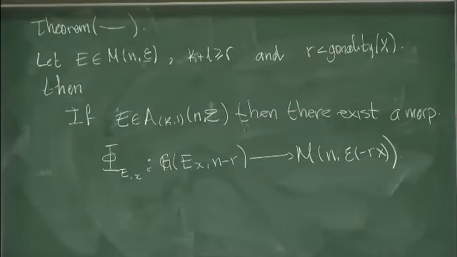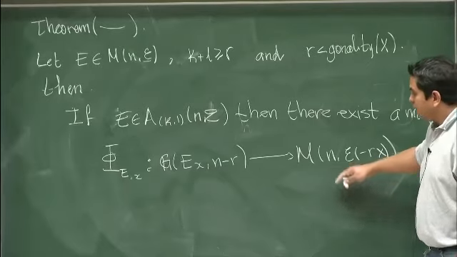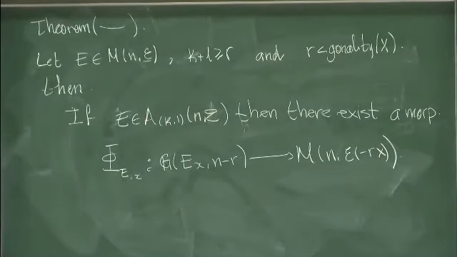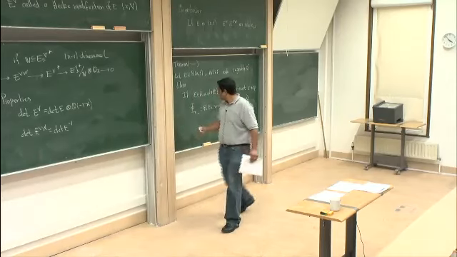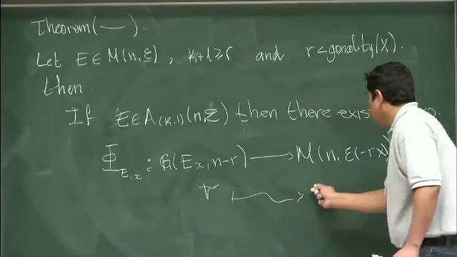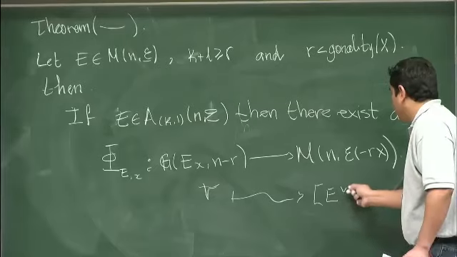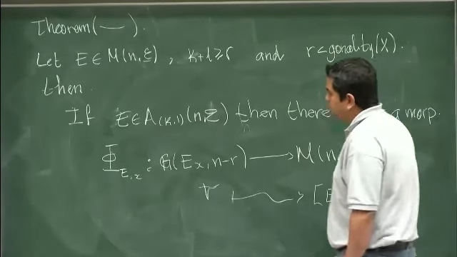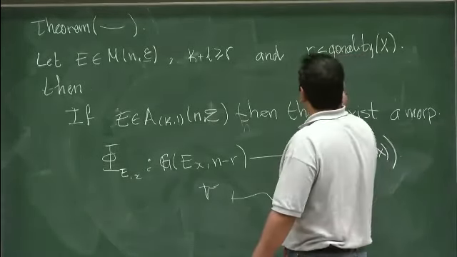In this case, if I take a subspace here, then I can associate the class of the vector bundle given by the modification in this subspace and given by the point x in this case.